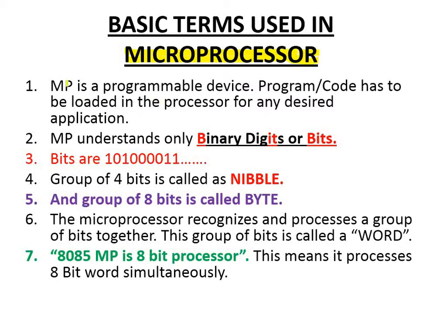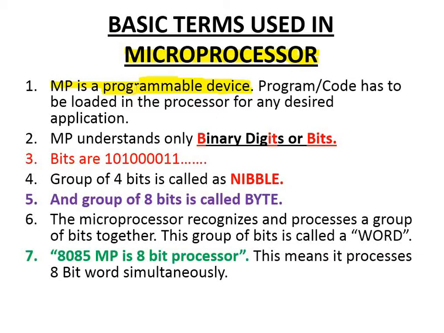Earlier also we have studied that microprocessor is a programmable device. Programmable device means we are programming it, we are writing the code inside the processor. Whatever function, whatever work we want our processor to do, we have to write the code of that program.